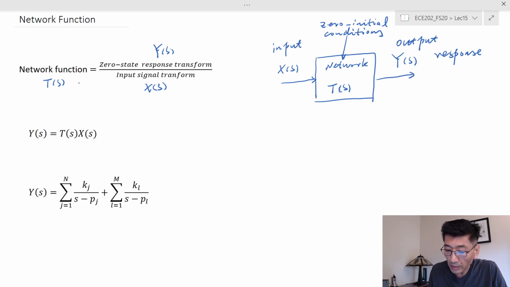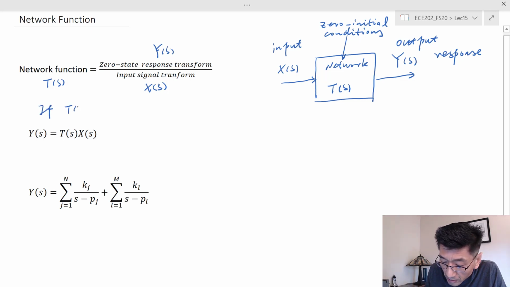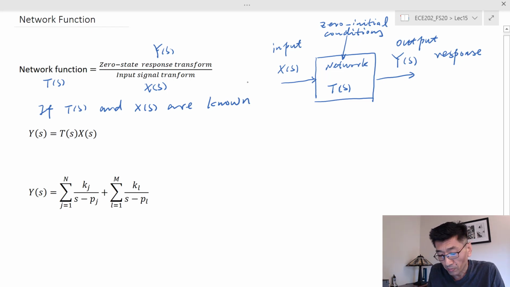Based on this concept, let's see whether this is useful. Let's say we have this network function, and T(s) and X(s) are known. We can find the output or the response transform Y(s), since here we have T(s) equal to Y(s) over X(s). Therefore, Y(s) is going to be equal to T(s) times X(s).